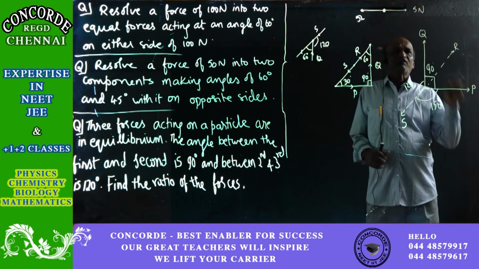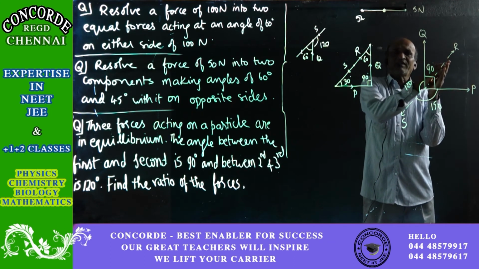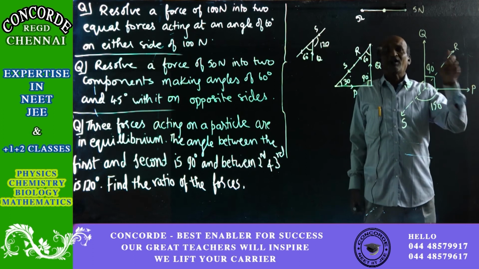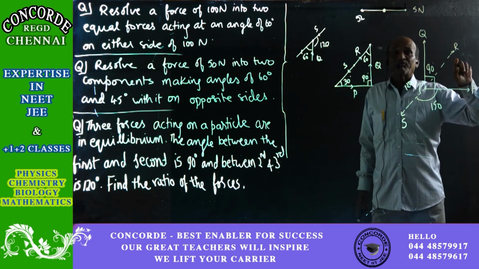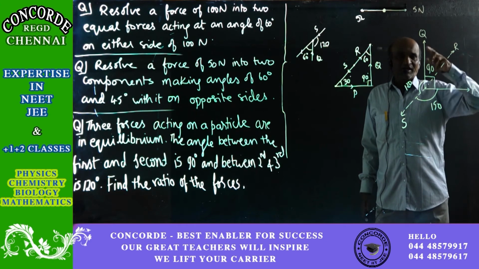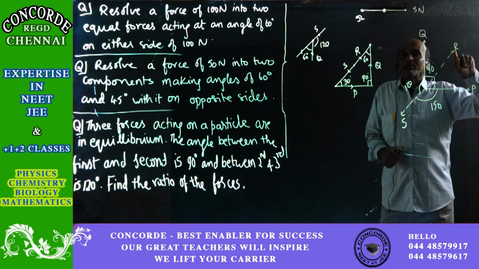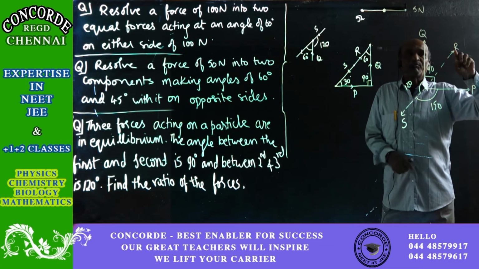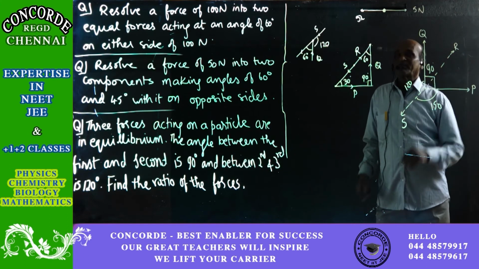Then what we have seen is for P and Q, R is a resultant. Meaning is that you can remove P and Q, bring R, because all will produce the same effect. So a single force only will remain now when you bring R and remove P and Q. For the single force, for equilibrium of the body, you have to apply a force equal to this. You also have to apply it in the opposite direction.